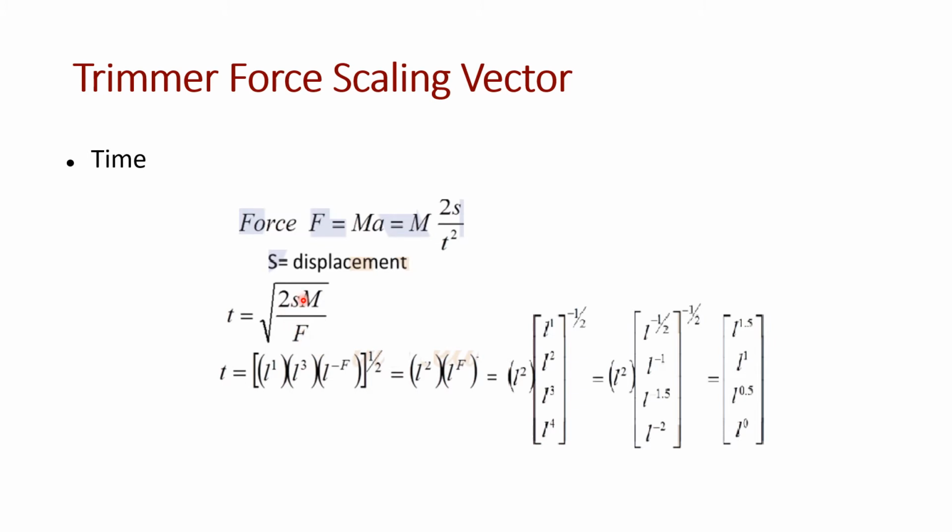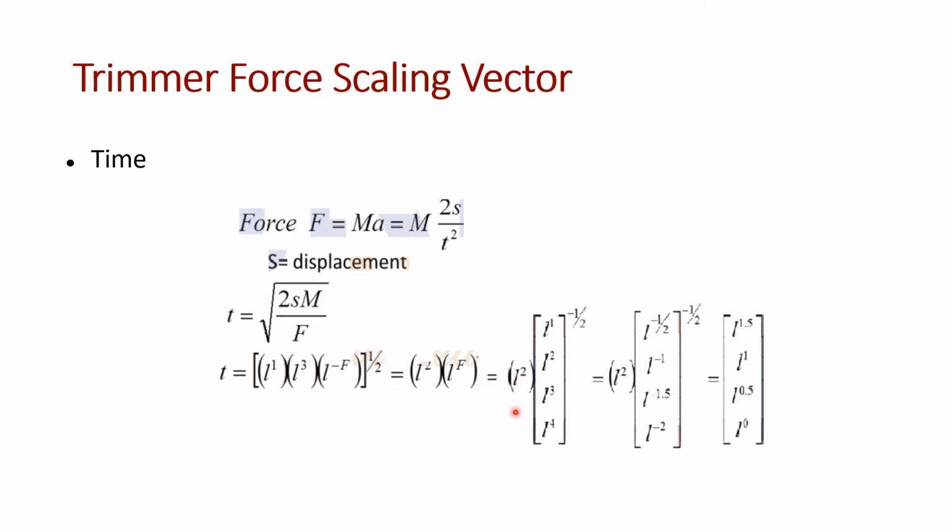replace s as proportional to L raised to 1, where L is the linear dimension. Mass is proportional to L cube. And instead of the force, we can write the force scaling vector L raised to F. Now, L raised to F, when carried over into the numerator, it becomes L raised to minus F. And since it is the square root of this, the whole will be raised to the power of half.